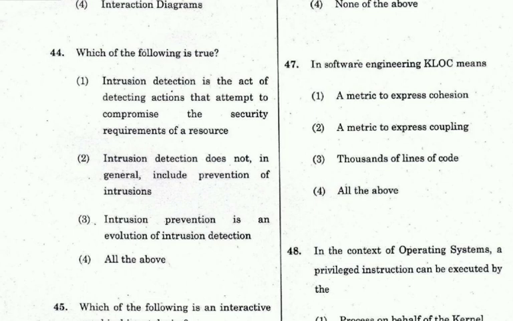It goes a step further than IDS by preventing further unauthorized actions. So IDS does not prevent attacks. We can only detect the suspicious activities using the intrusion detection system, but using the intrusion prevention system, we can prevent the attacks. So option 4 is the correct one, all of them.